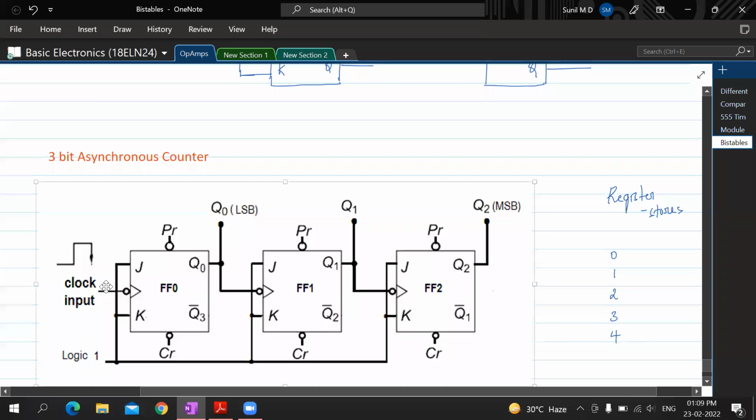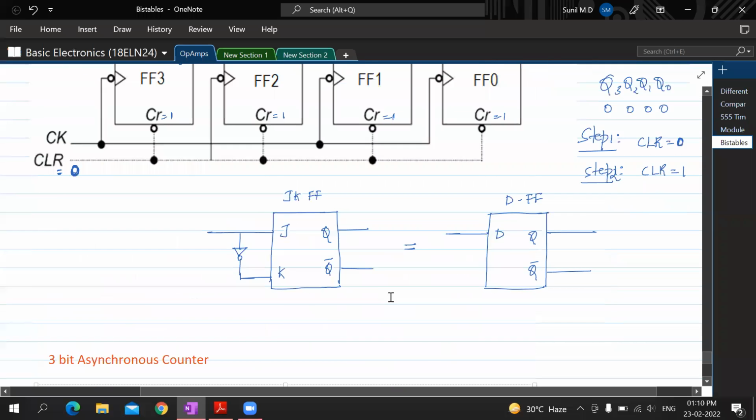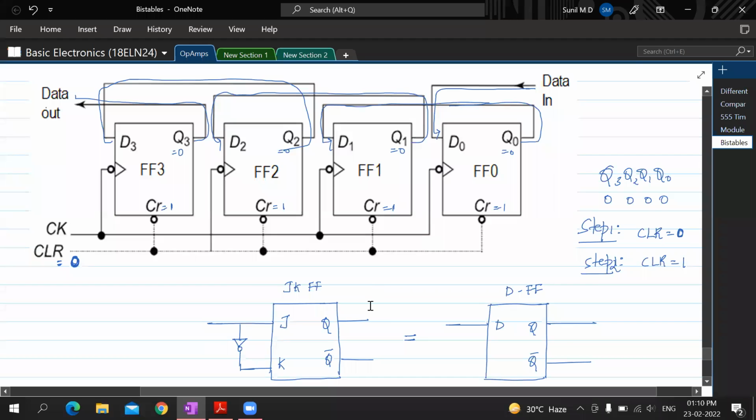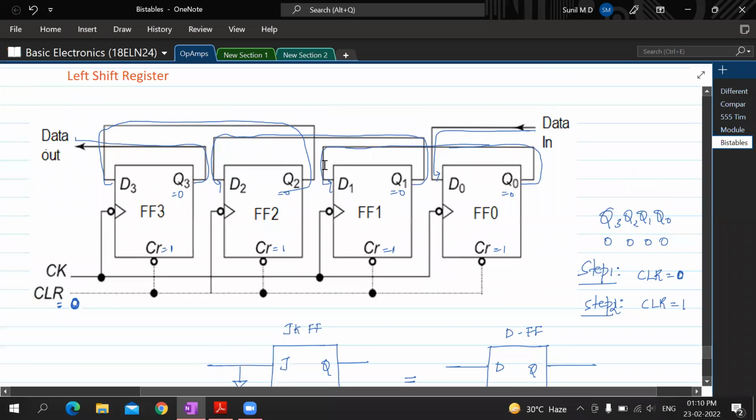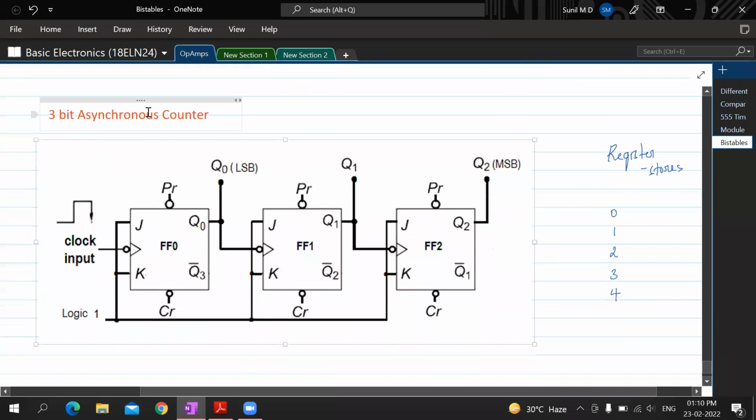So it is not the same clock that is being given to all the flip-flops, whereas in the arrangements that we have seen so far, it's the same clock which is being given to all the flip-flops. If the same clock is given to all the flip-flops, then it is called a synchronous setup or synchronous clock, whereas it is called an asynchronous counter because not all the flip-flops have the same clock. Is that understood now?